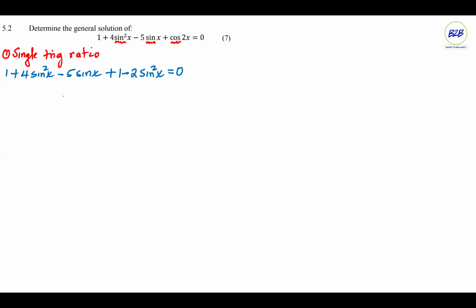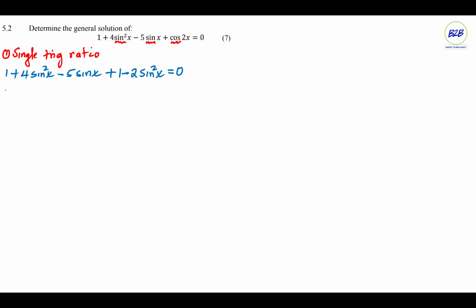Looking at the trigonometric equation now, the only trig ratio that is there is sine, and we are happy for that. So that means now our trigonometric equation is expressed using a single trigonometric ratio.